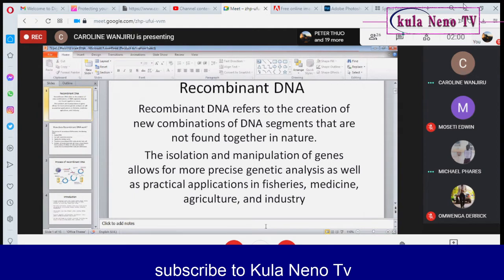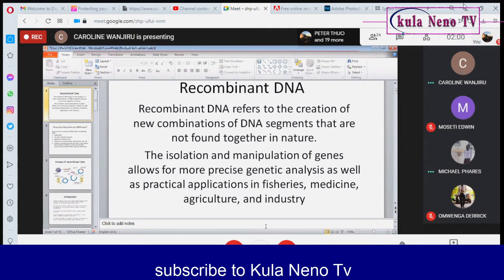For example, maybe it's a gene for helping a plant not to freeze during winter. Maybe a certain plant has that gene, and you'd like to put that same gene in your fish that you're culturing over winter so that they don't freeze. So you identify your gene of interest.